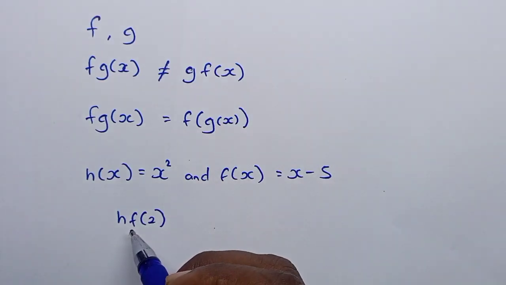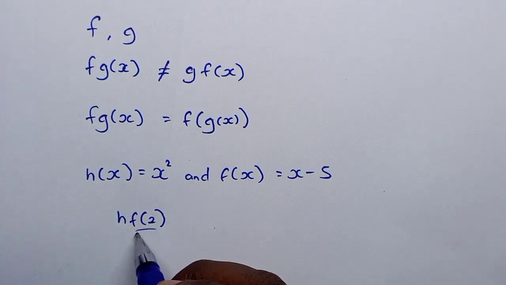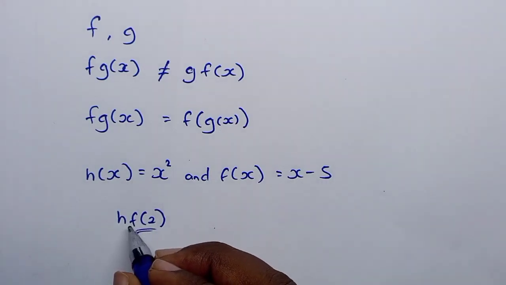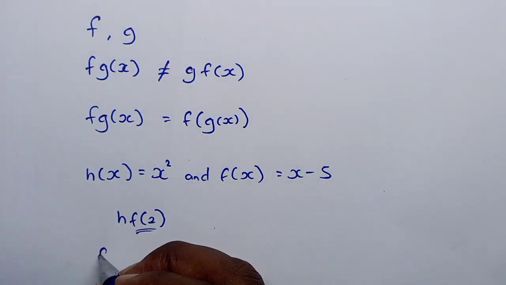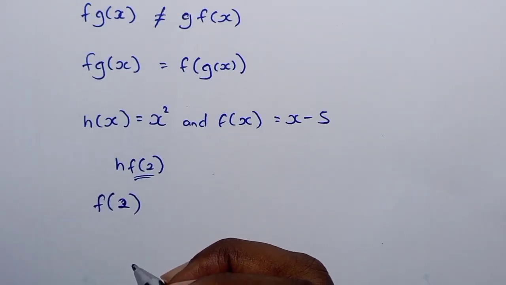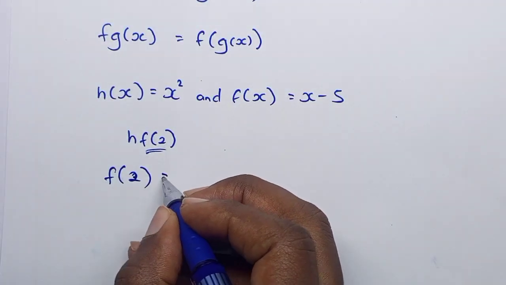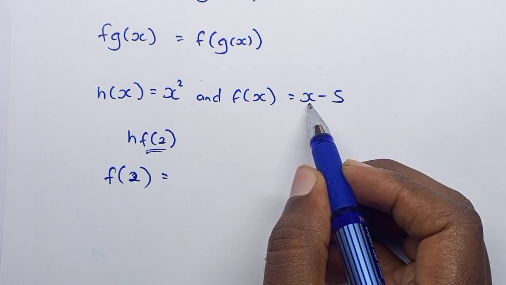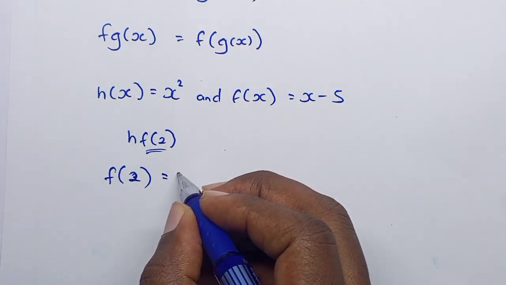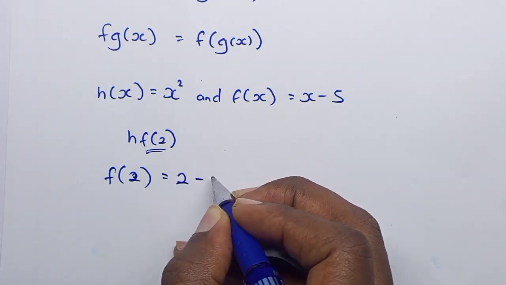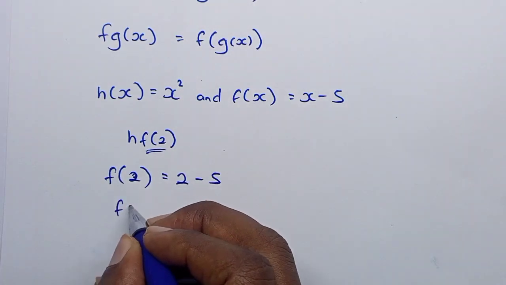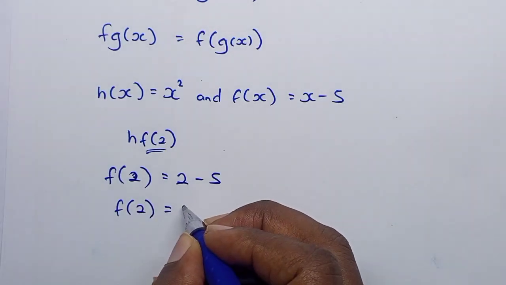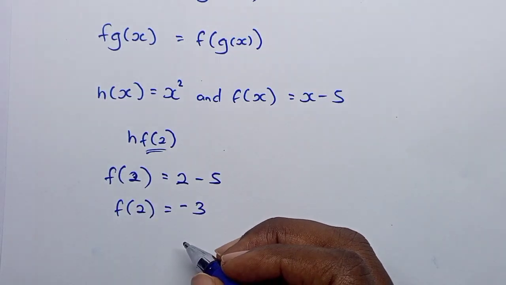In this case, the inner function is f of 2. So we first work out f of 2. f of 2 will be equal to, where there is x, we substitute it with 2. So we shall have 2 minus 5. And therefore f of 2 is equal to negative 3.